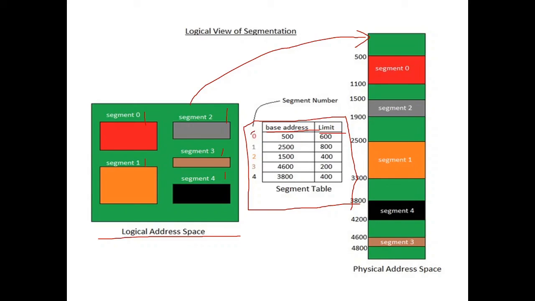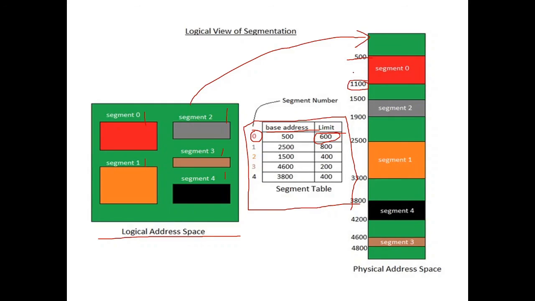Now see segment 0. You can see its base address: it starts occupying from location 500. And what is its ending address? It is 1100. How did we get this? It is the limit register. The limit register is nothing but the size of the segment.